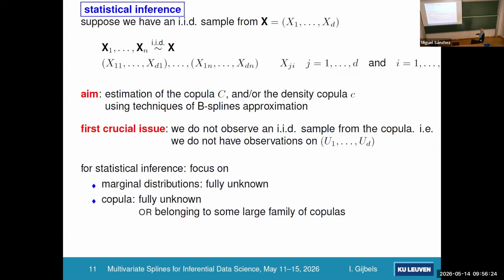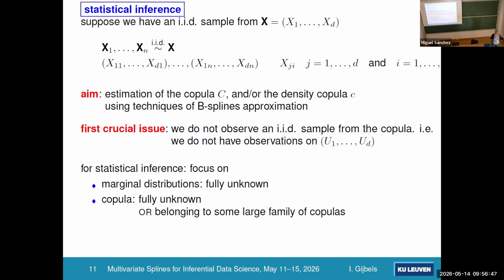etc. But I put myself in the situation which is actually the most realistic situation when you come to data applications, which is that I don't know anything about the marginal distributions, except that I'm assuming that they're continuous, right? I don't know anything about the copula, at least in the next 4 to 5 slides, I think.